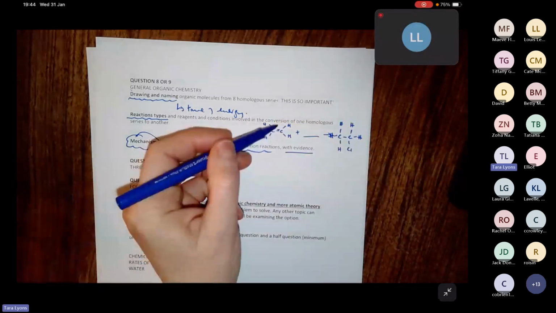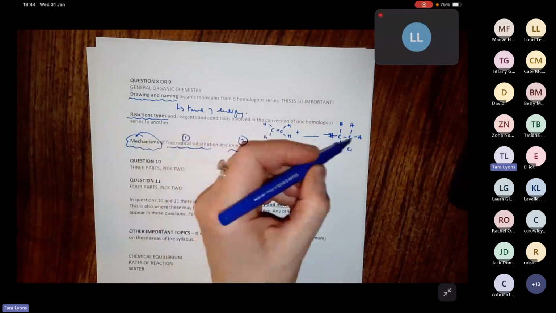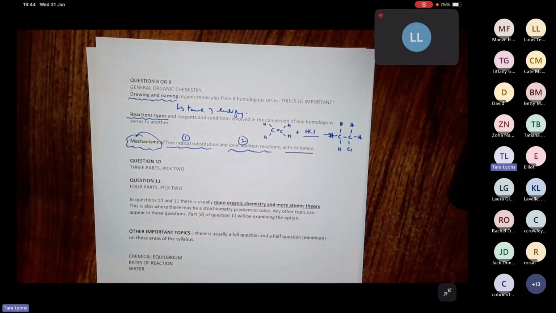So I'd have to look at it and I'd have to go, okay, if I wanted to go from 2 carbons and 4 hydrogens to 2 carbons, 5 hydrogens and a chlorine, well, the reagent would be HCl, hydrogen chloride. Now that would be the reagent. There's no condition for that one. But if I wanted to change ethene into ethane, my reagent would be hydrogen and my condition would be nickel catalyst, 200 degrees Celsius.